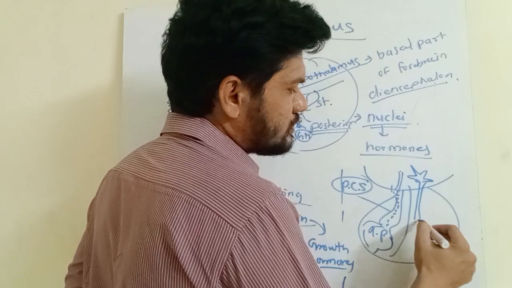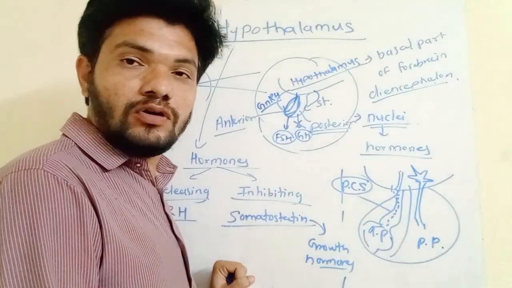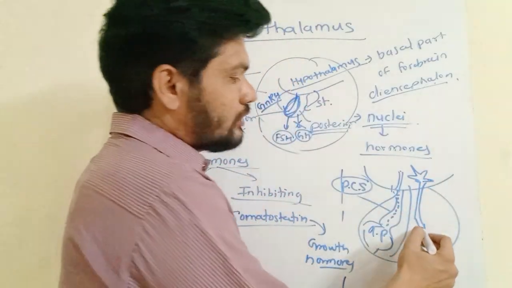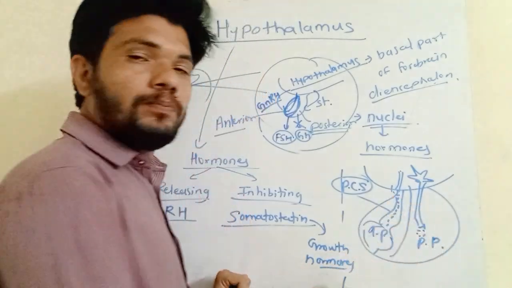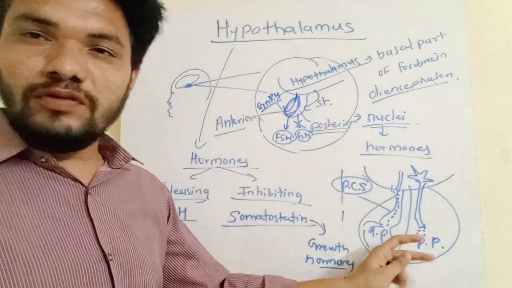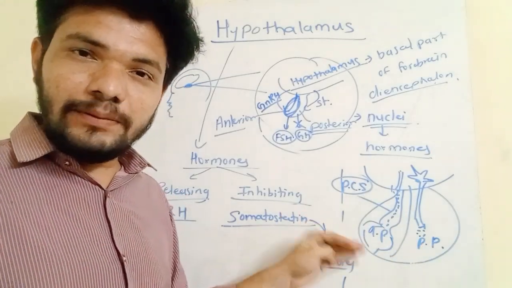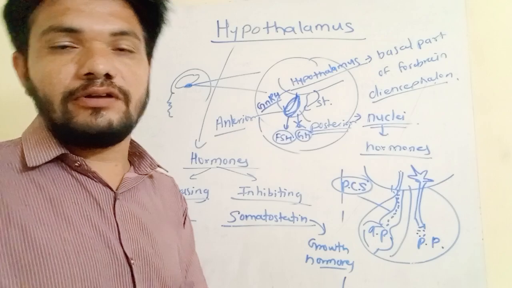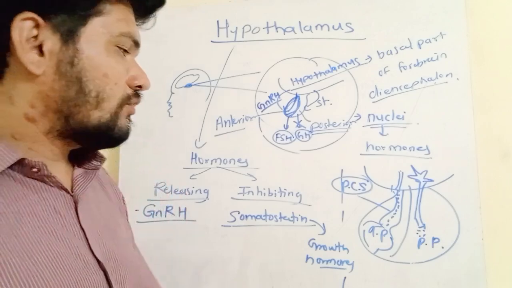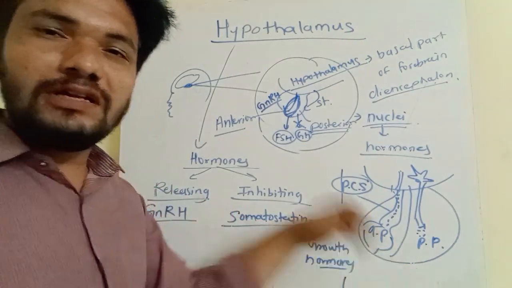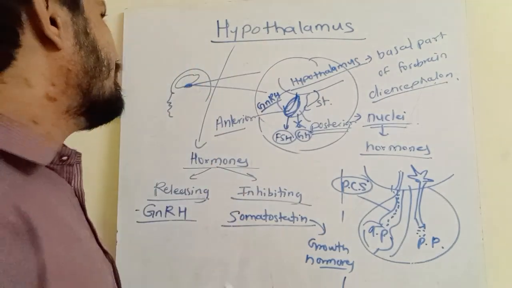So neurons will directly secrete their hormones into the posterior pituitary. So no blood is involved if we only talk about the posterior pituitary. Only the anterior pituitary is regulated by the portal circulatory system. This is one thing you have to remember, which is given in the NCERT. So this is all about the hypothalamus.